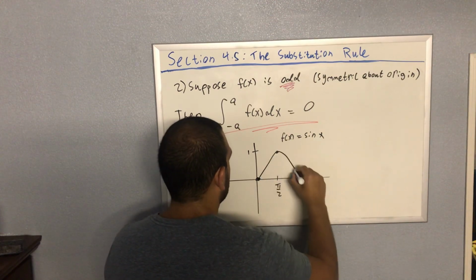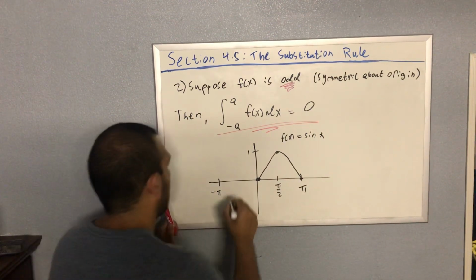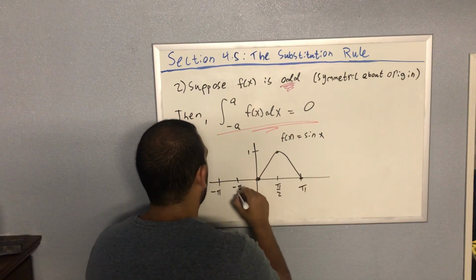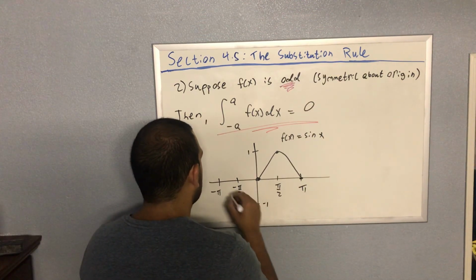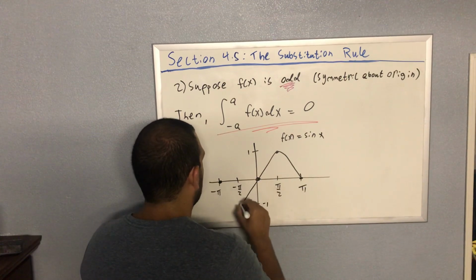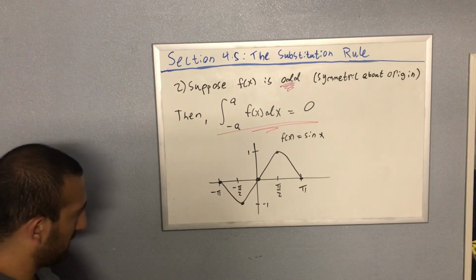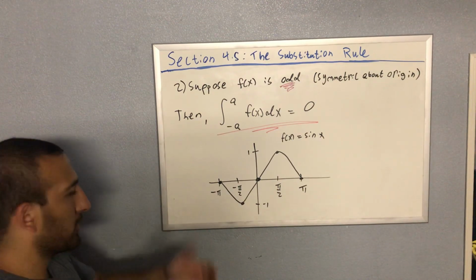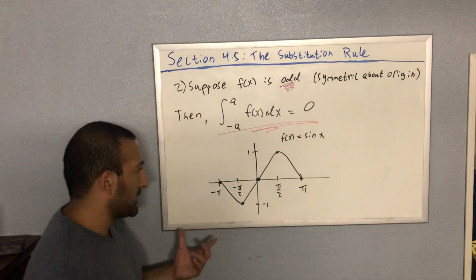So it looks like this. And then, because of the properties of it being odd, we know that the negative half of it has to look like this. Or you just use what you know from trig to fill this out. But this is what sine looks like.